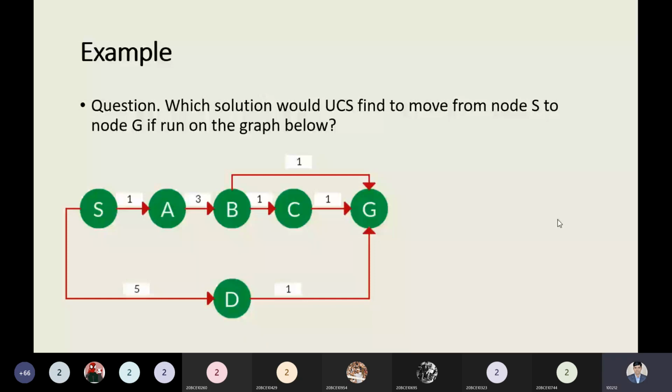Let me design the same graph we have. S to A, and A to B, and B to C, and C to G, and B to G we have, and S to D, and D to G.